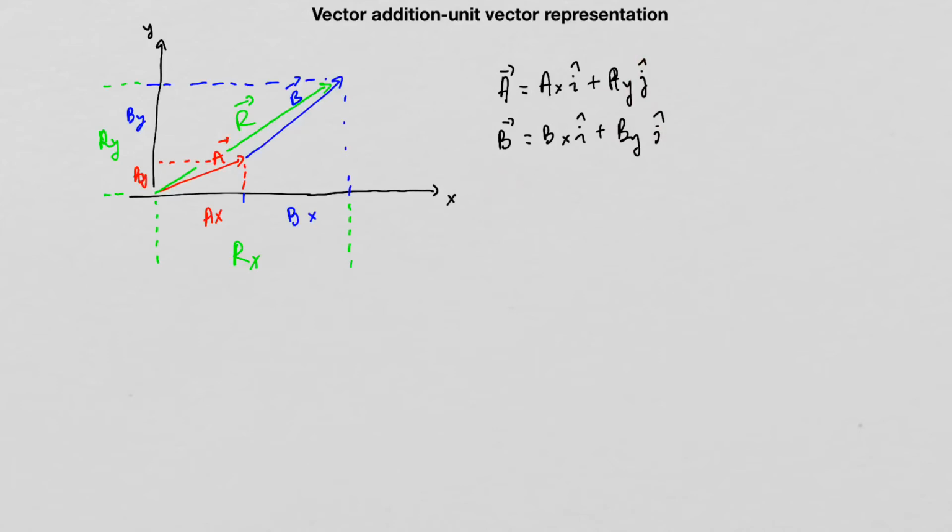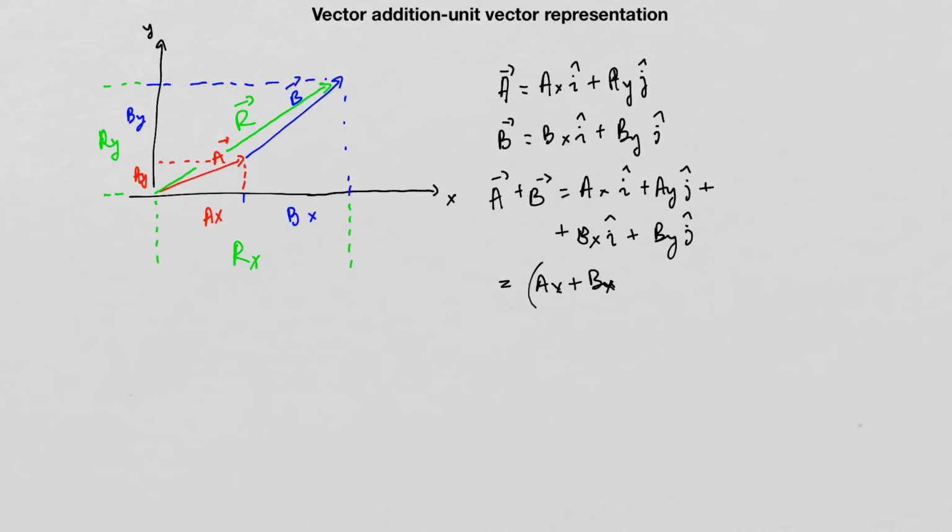So then A plus B is equal to ax i-hat plus ay j-hat plus bx i-hat plus by j-hat. This then can be written as (ax plus bx) i-hat plus (ay plus by) j-hat. And so ax plus bx is Rx, ay plus by is Ry.